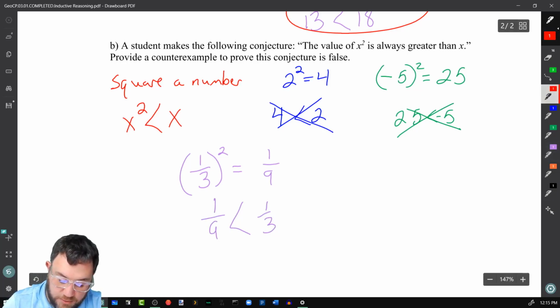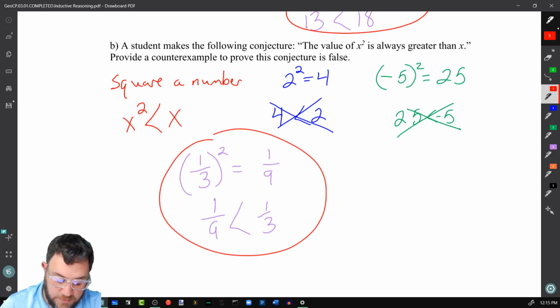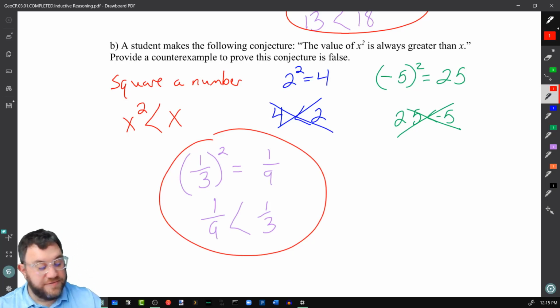So this works as our counterexample. So when you are using patterns to make guesses, you're using inductive reasoning, and you're coming up with a conjecture. That conjecture could be proven true if you can prove it always works, or it can be proven false if you have one single counterexample.